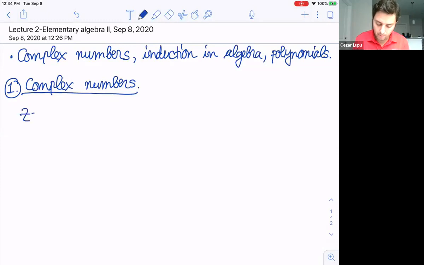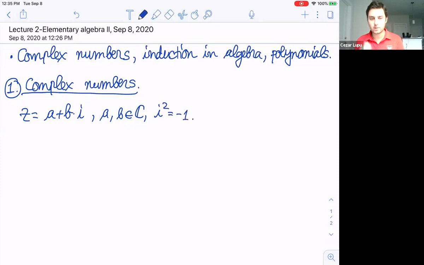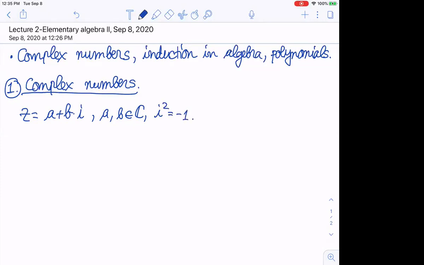You know how a complex number looks like. So it's a number of this form, a plus bi, where a, b are complex numbers, right? And this guy, well, I would like b to be different than 0, but you can include the real numbers as well. But this guy I has this property that real quick, what does that say? A and B in C? Is that? Yes, complex numbers.